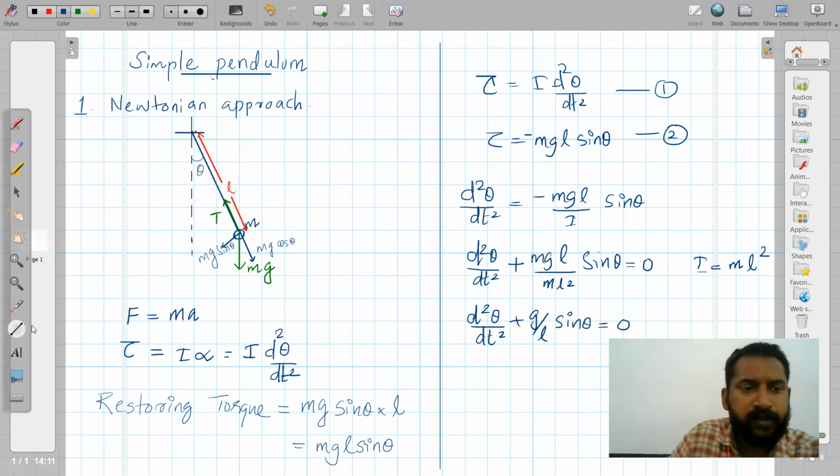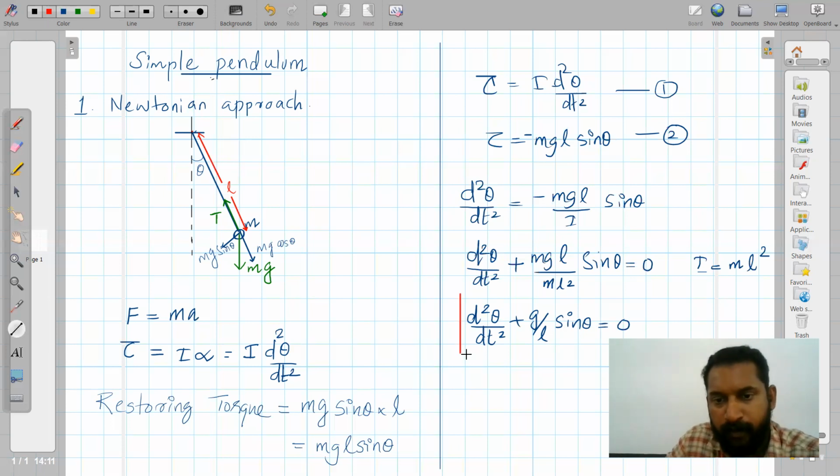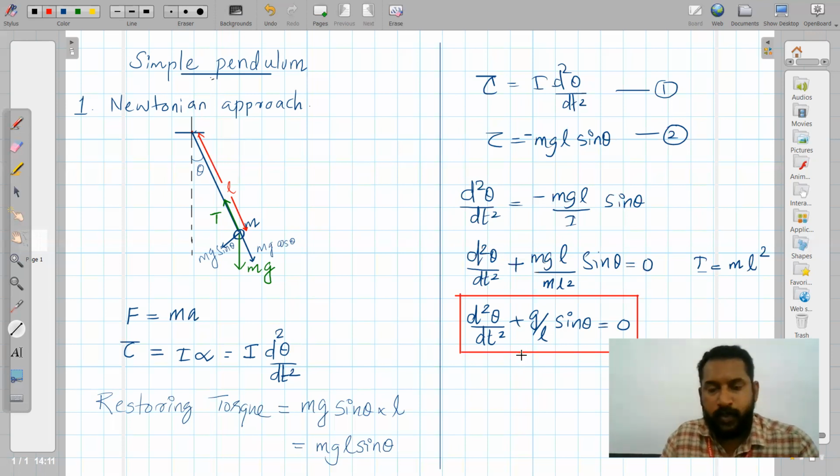This is the equation of a planar pendulum. This pendulum becomes a simple pendulum when you consider the angle theta very small. I will stop here. The Newtonian approach gives me an equation like this for a planar pendulum.